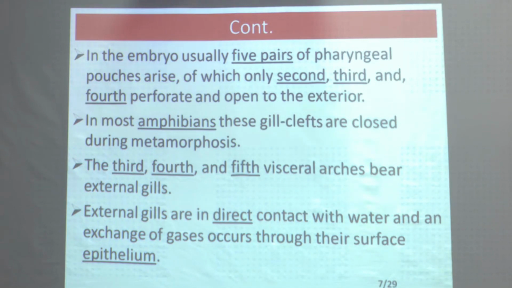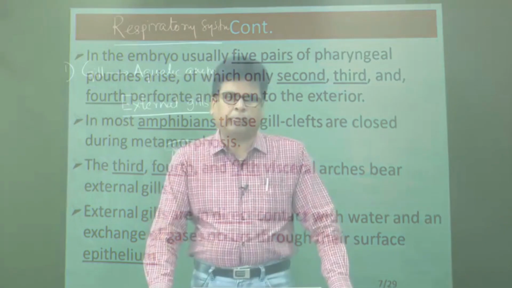In most of the amphibians, these gill clefts are closed during metamorphosis. The third, the fourth and fifth visceral arches bear the external gills, in case of amphibians. And these external gills are in direct contact with the water, and an exchange of gases occurs through their surface epithelium.